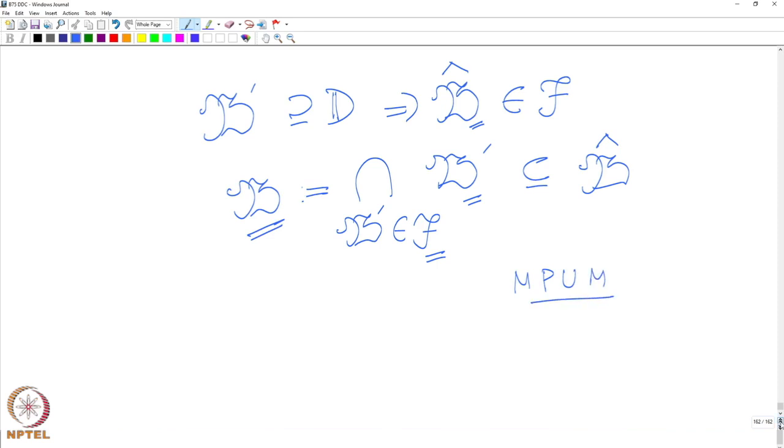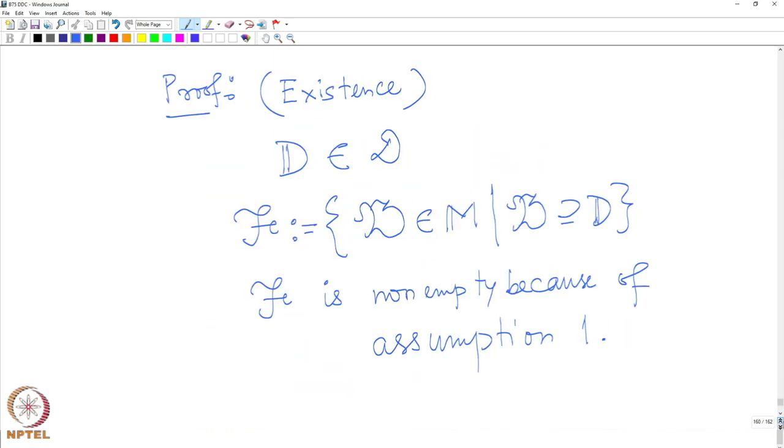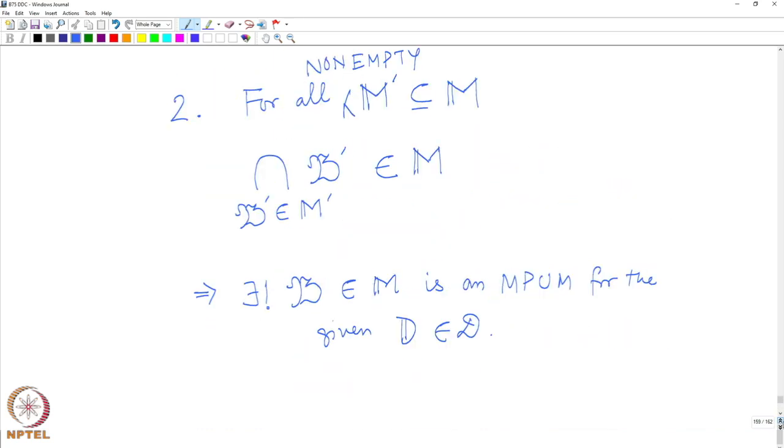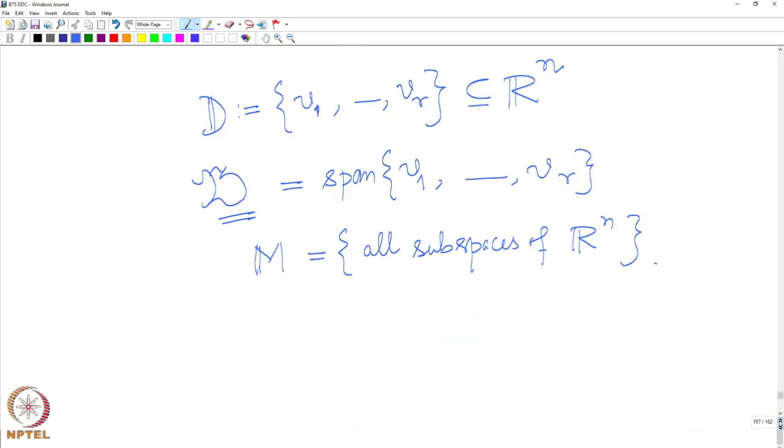In fact, if you see, we have done nothing more than what we did for this example. You see the span, I had given it to you as an exercise, that this span is nothing but the intersection of all those subspaces that contain this set of vectors.